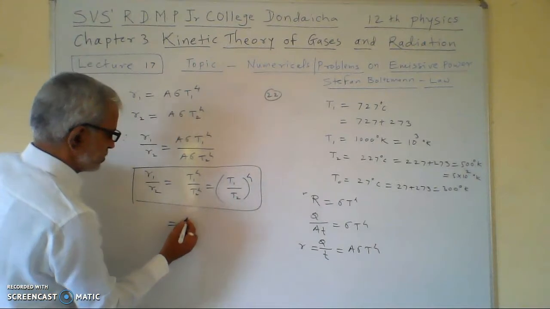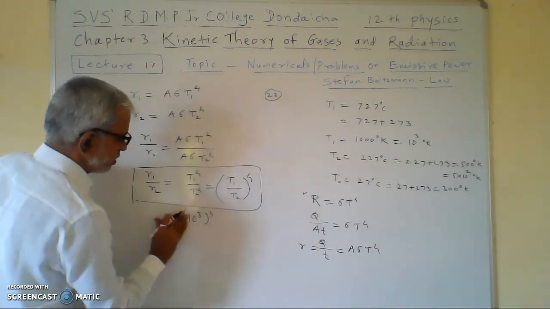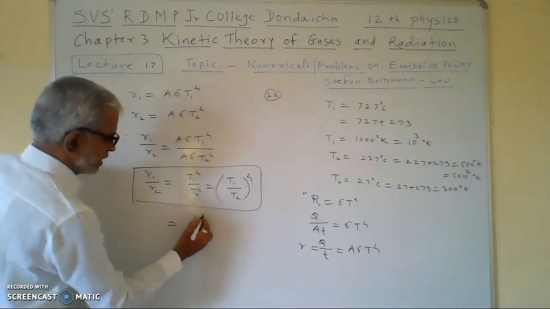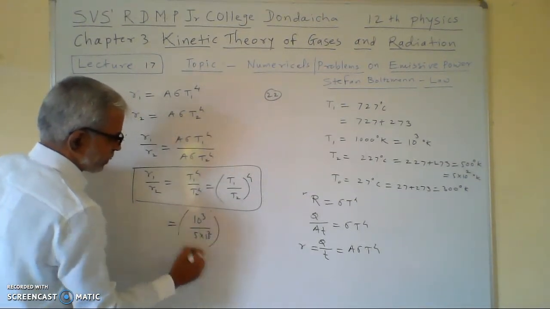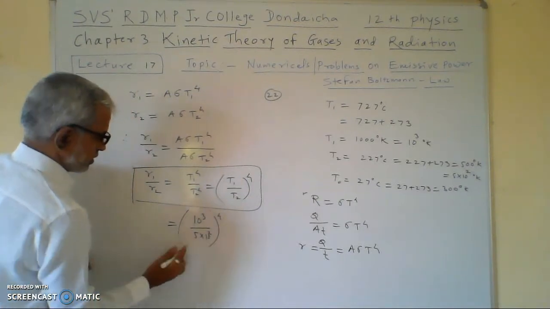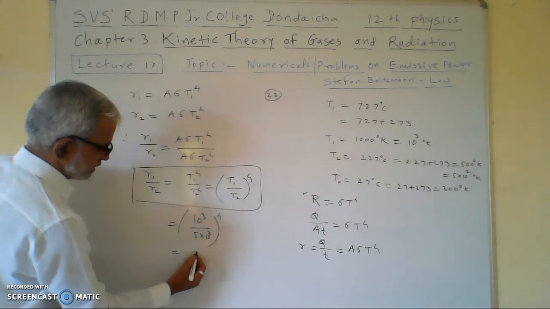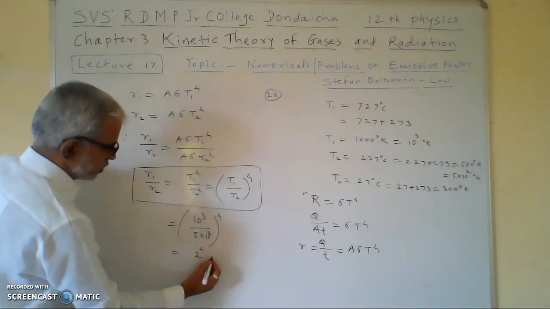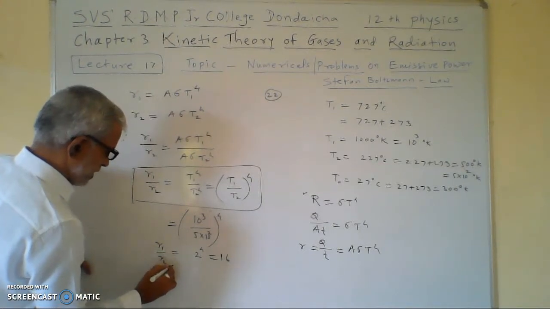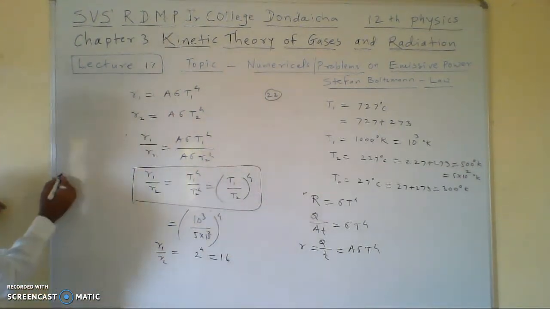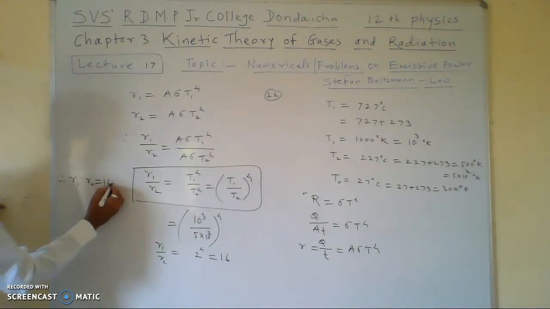T1 is 10 raised to 3, divided by 5 into 10 raised to 2, all raised to 4. And so this is equal to 10 upon 5, which is 2, raised to 4, and this is 16. So R1 upon R2 is equal to 16, and the final answer is R1 is to R2 equal to 16 is to 1.